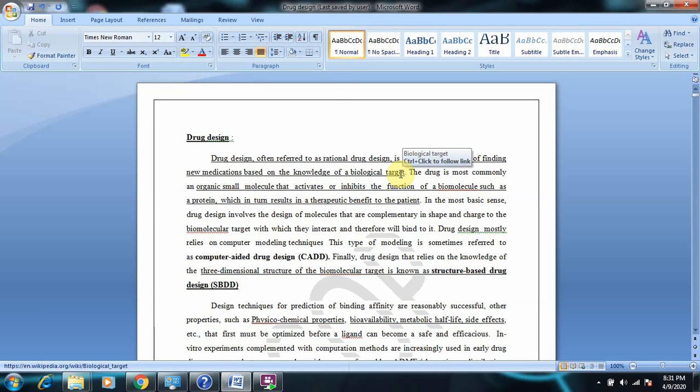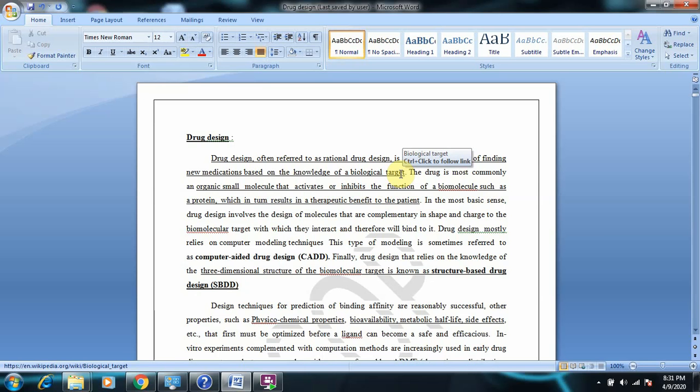Is it clear? Okay, then the drug is most commonly an organic small molecule that activates or inhibits the function of a biomolecule such as a protein, which in turn results in a therapeutic benefit to the patient. As we said, the drug goes and binds to the receptor. This is the mechanism we have been studying in many of our classes. So here the biological target can be an enzyme or a protein where the drug should go and bind.